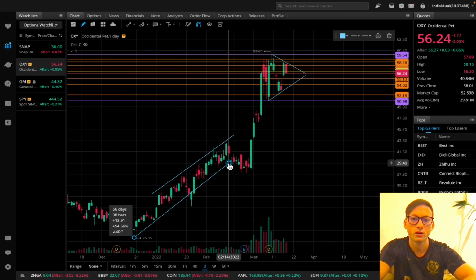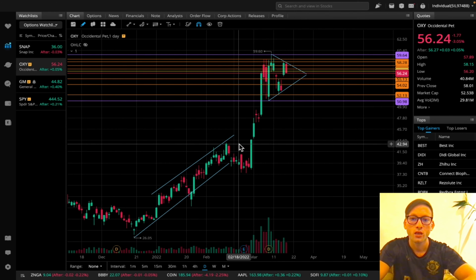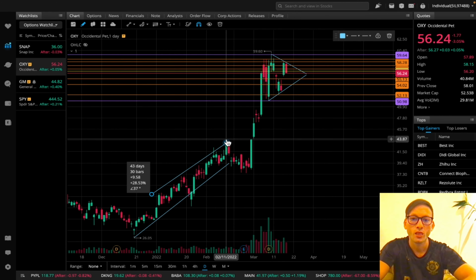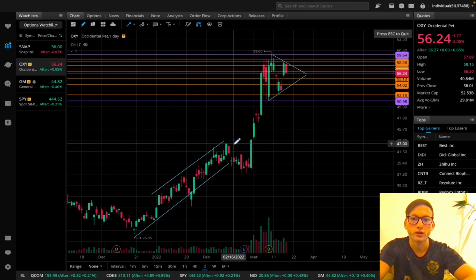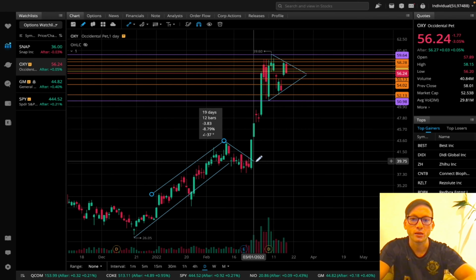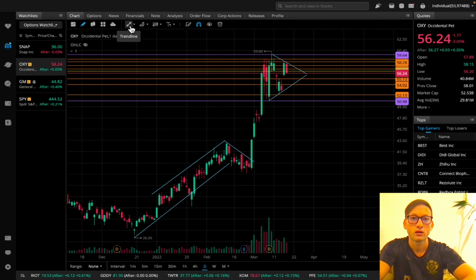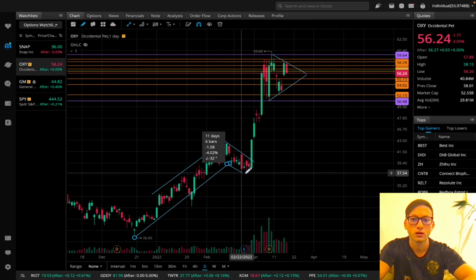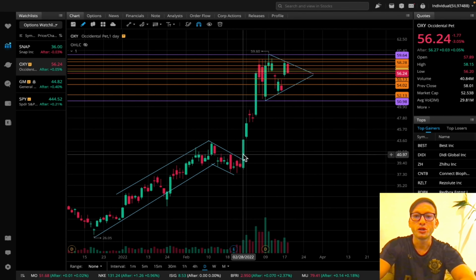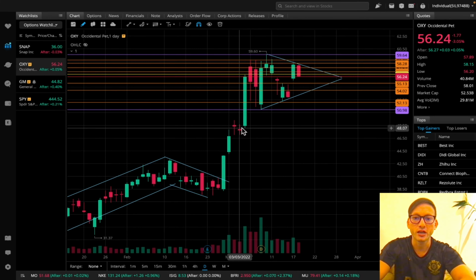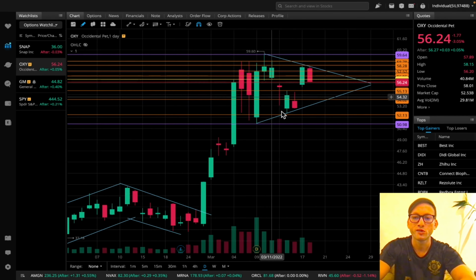All right, here we go. Got the pattern, the top, and then we got ourselves what looks like a potential flag. All right, and so this is it. You continue to see patterns. You could have seen the same thing here, a little mini flag. You see a pennant right now.